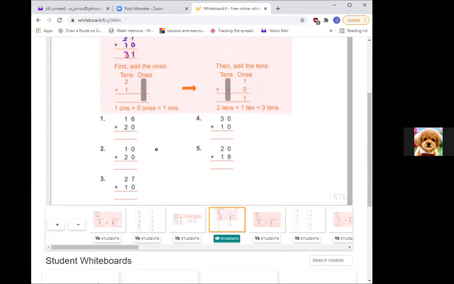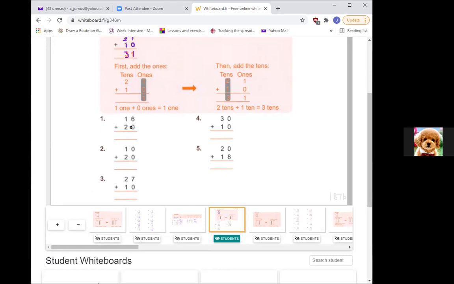So number 1. Selena, can you do number 1? Number 1 on page 187 at the bottom. 36.